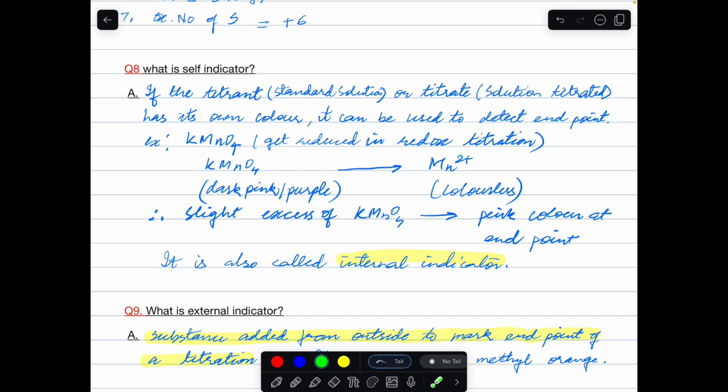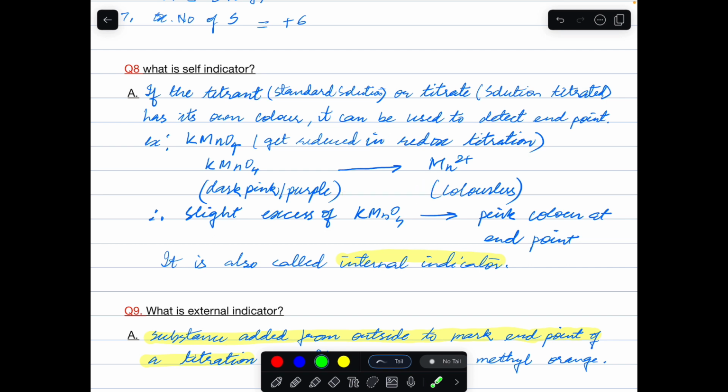Your potassium permanganate is colored, dark pink or purplish. When we do this titration, the permanganate ion will be converted to manganese Mn2+ ion, which is colorless. So when all the potassium permanganate is used, the solution will turn from dark pink to colorless.